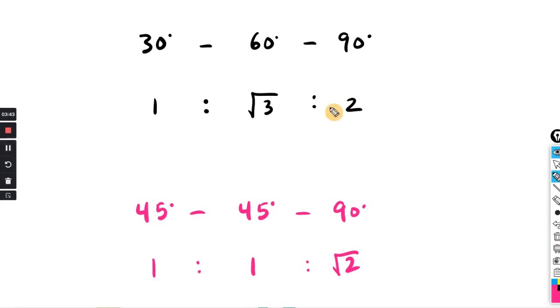For the 30, 60, 90, if you go across from 30, let's say that side length is 1. Across from 60, it's going to be radical 3 times bigger. Across from 90, it's going to be 2 times bigger than the side across from 30. For the 45, 45, 90, the sides across from 45 are congruent, and the side across from 90 is radical 2 times more than the sides across from 45. So you need to be familiar with special right triangles first.